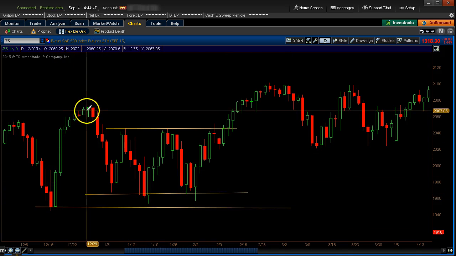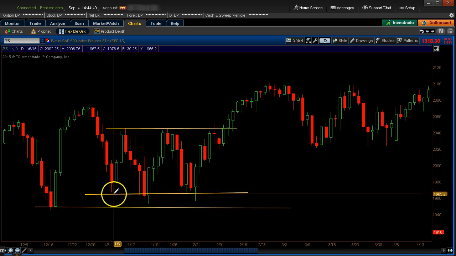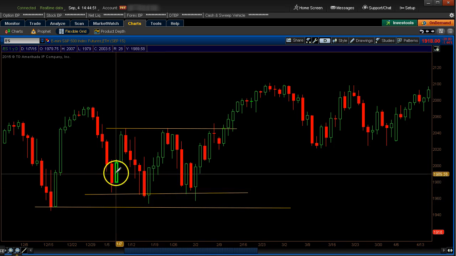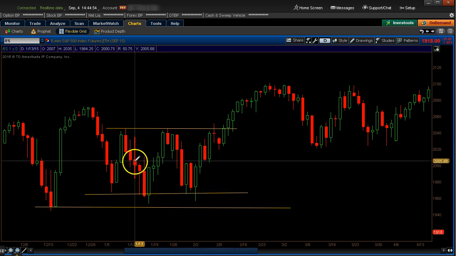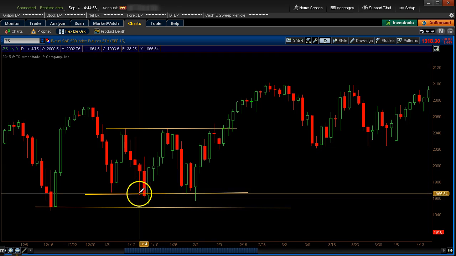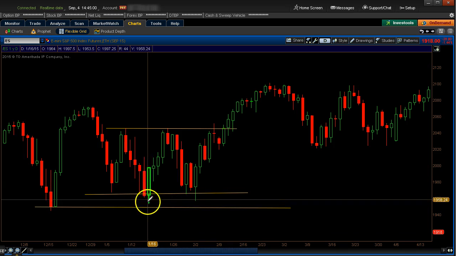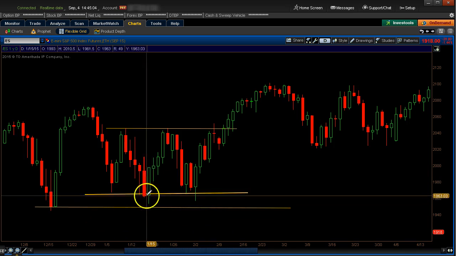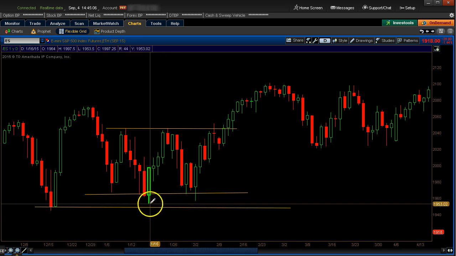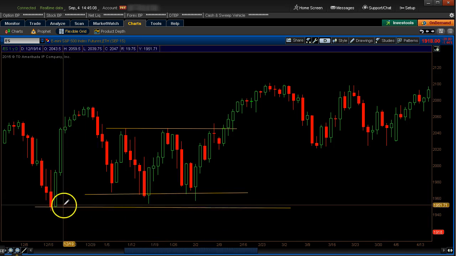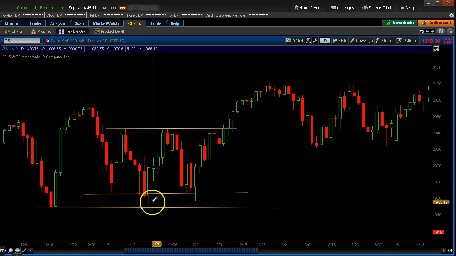It rallies, comes back down. It finds a support level here. It rallies, comes back down. Finds support, rallies, tries to come back, comes back down, finds support, okay? Not this level. It breaks through, but just briefly, right? Because there's another major level of support here.